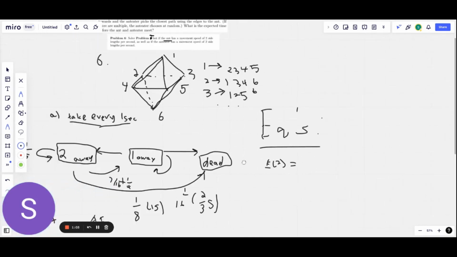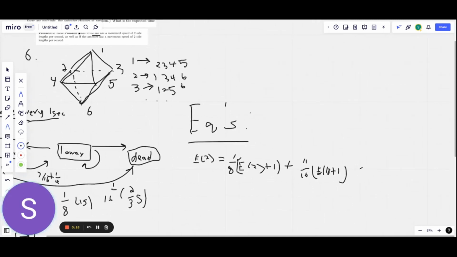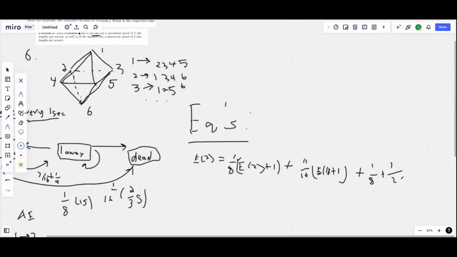So E2 is equal to 1/8 times (E2 plus 1), because it takes 1 second to get back to that position, plus 11/16 times (E1 plus 1), and then plus 1/8 times 1, plus 1/16 times 2/3, which is going to be 1/24.